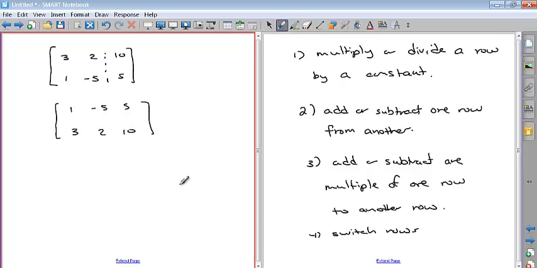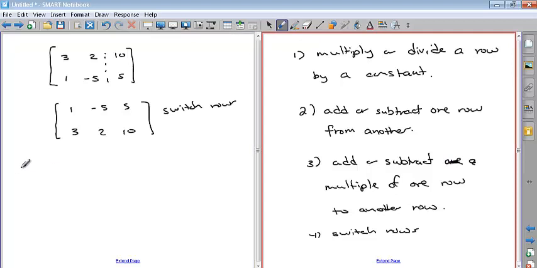Okay, so that's switch rows. Now the next thing I'm going to do is add or subtract a multiple of one row from another.